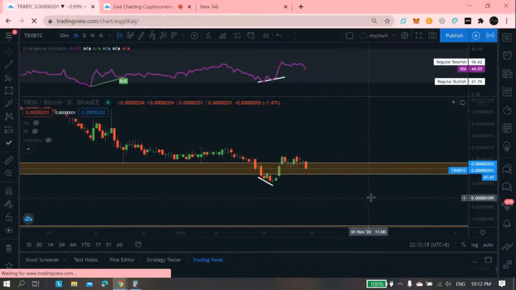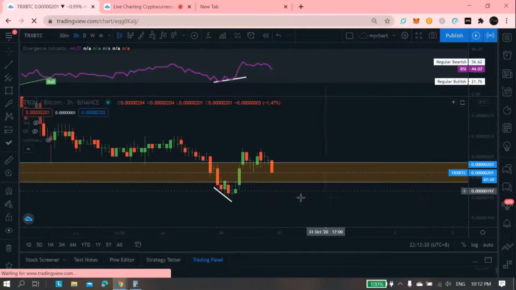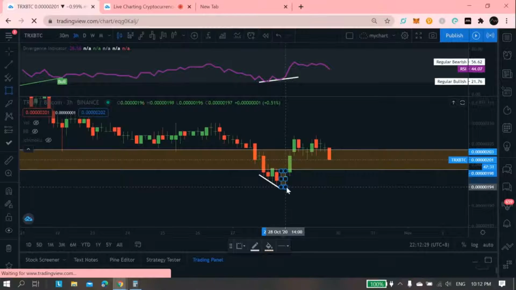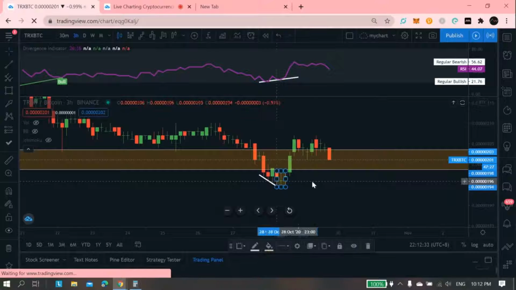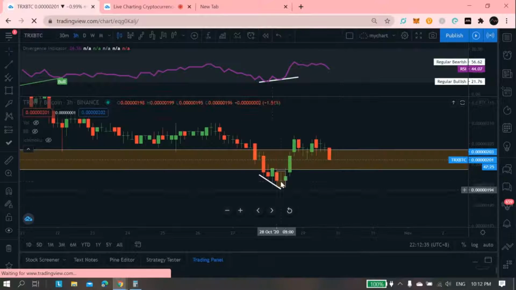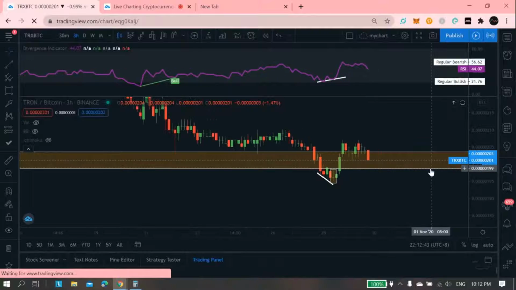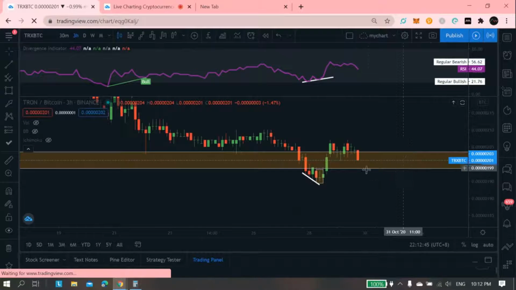And this is actually a doji, this one. Doji is 50-50 but can also serve as a possible reversal. But there's a lot of dojis here. Most of the traders are undecided where this Tron can possibly go.